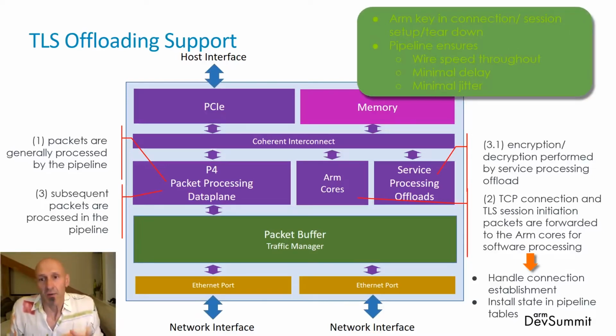So here we can see how the ARM cores are key in handling those operations that are more sophisticated, like the TCP connection and TLS session setup and tear down. At the same time, though, regular packets that need to be processed just according to TCP are processed within the P4 programmable pipelines to ensure wire speed throughput, minimum delay, and minimum jitter.